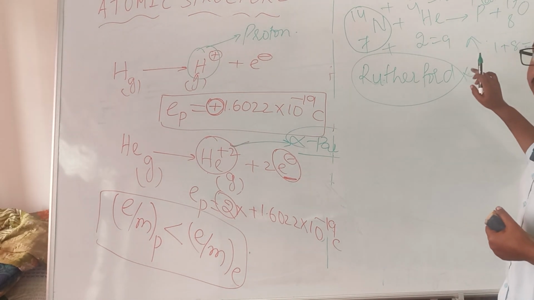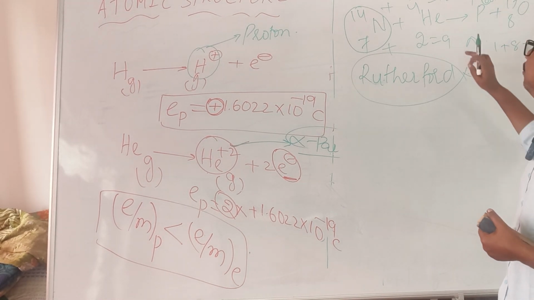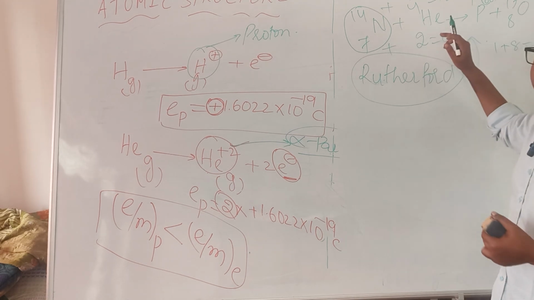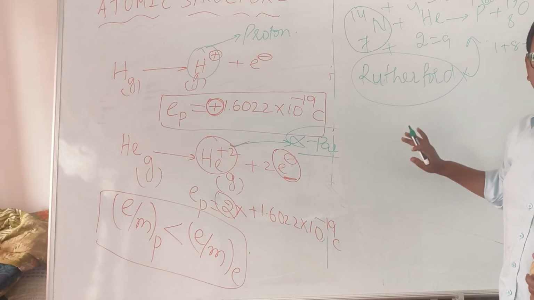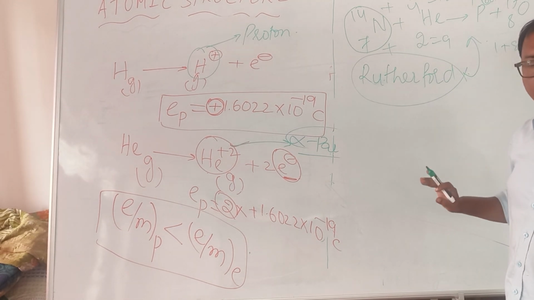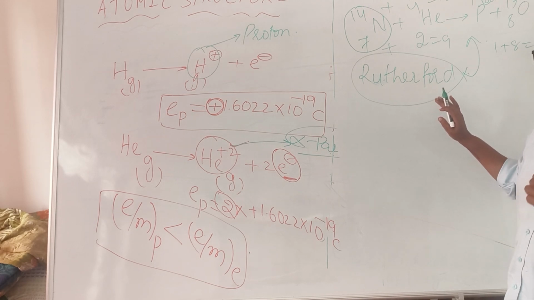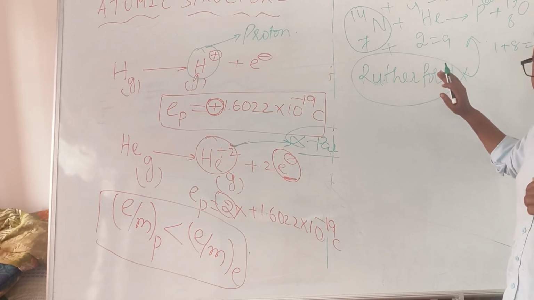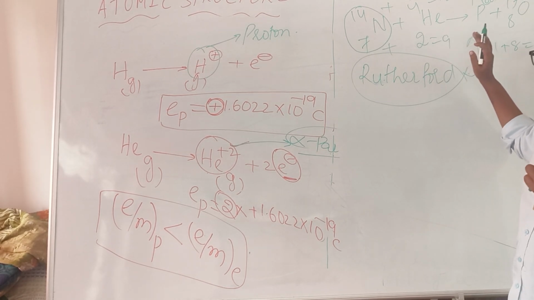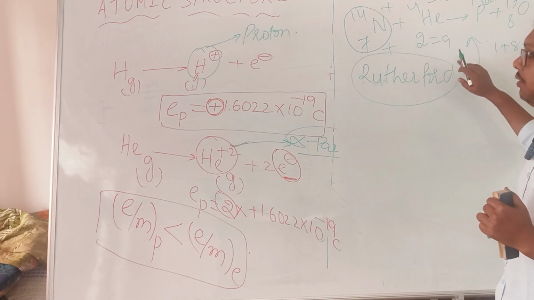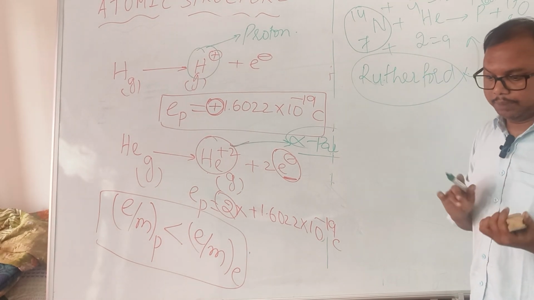This is called artificial radioactivity. Rutherford was able to produce anode rays, protons, by using artificial radioactivity. Keep that in mind, all of you.